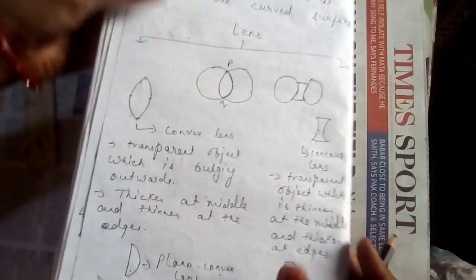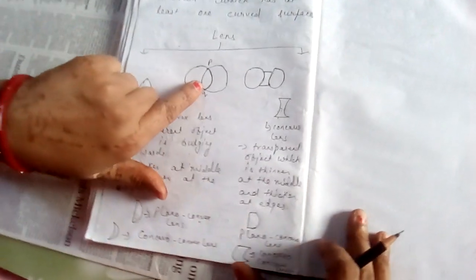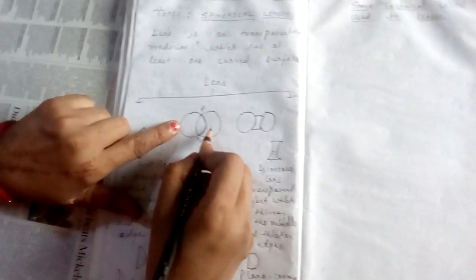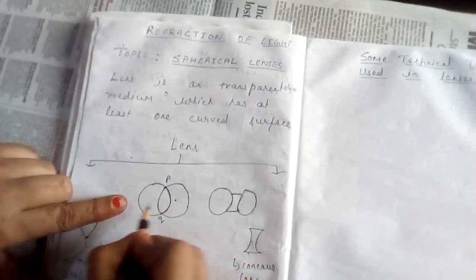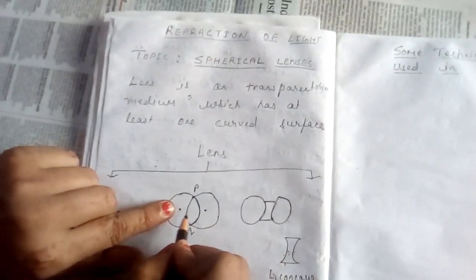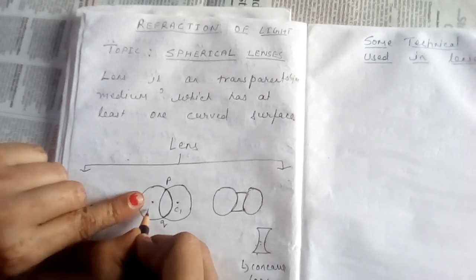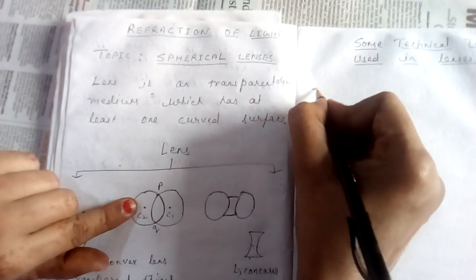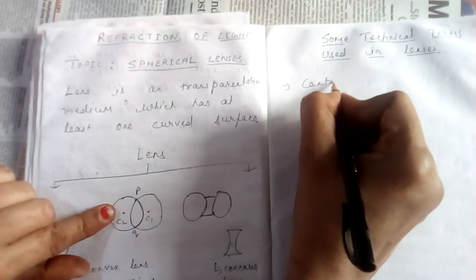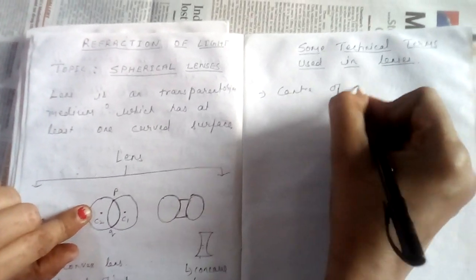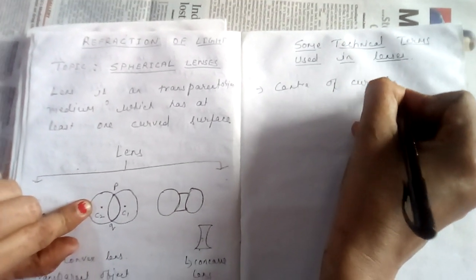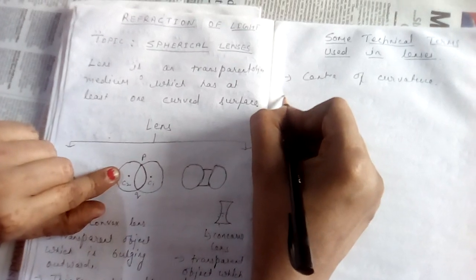Now some technical terms. As we have studied, the lens is made from spheres. Naturally, this sphere has two centers, say C1 and C2. These are known as centers of curvature. How will you define center of curvature?